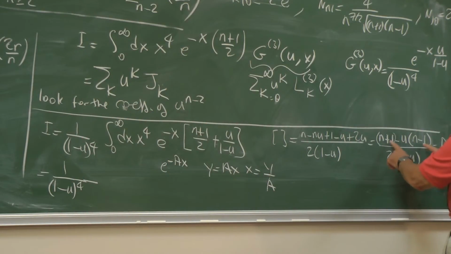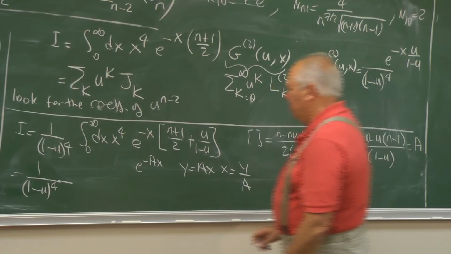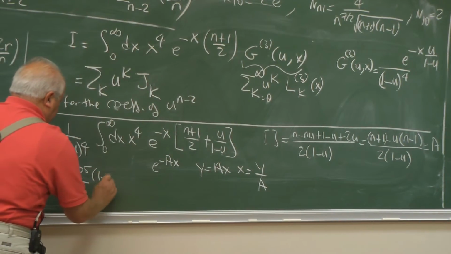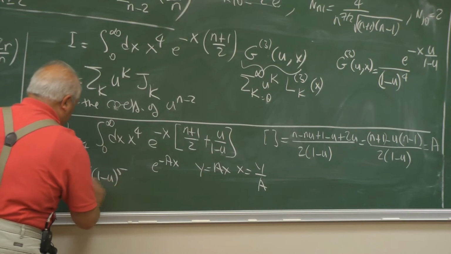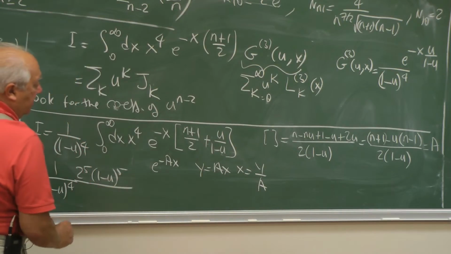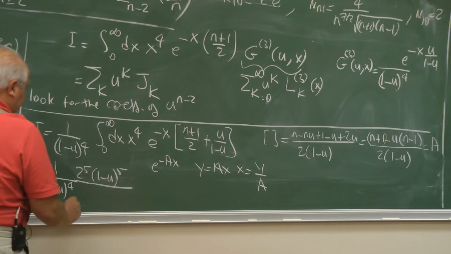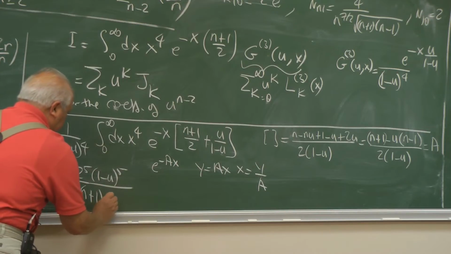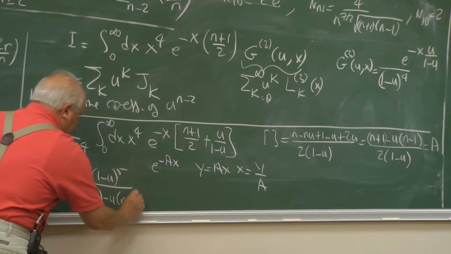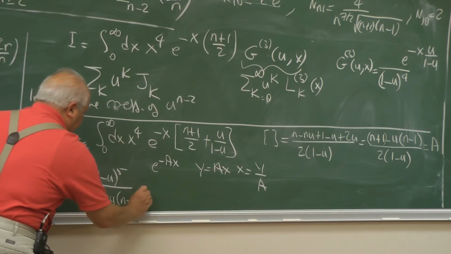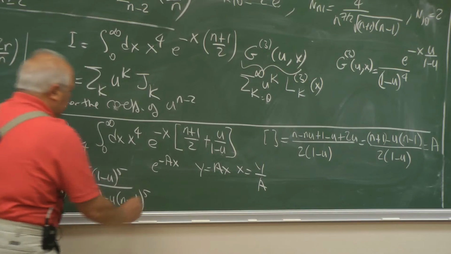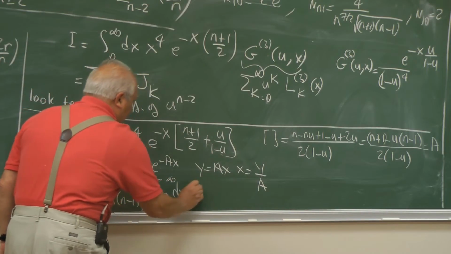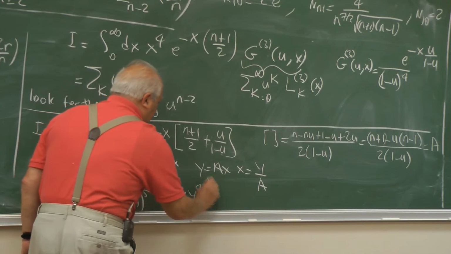So this is upstairs, this is downstairs. So it is 2 to the 5th, 1 minus u to the 5th, divided by n plus 1 minus u times n minus 1, to the 5th, times the integral from 0 to infinity dy y to the 4 e to the minus y.